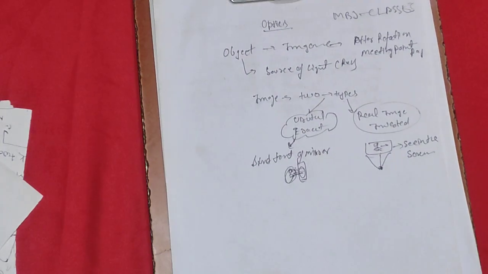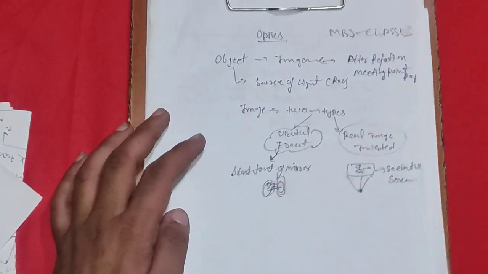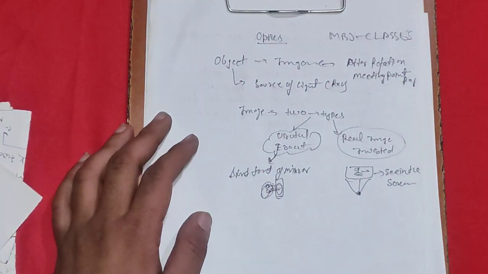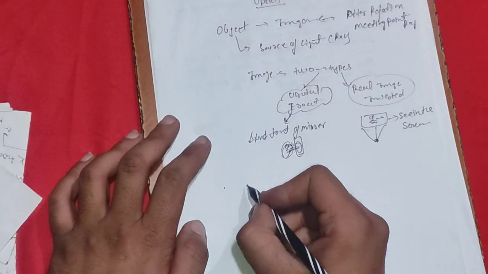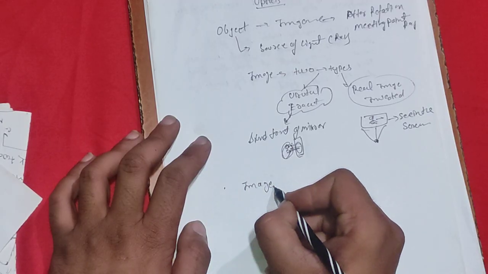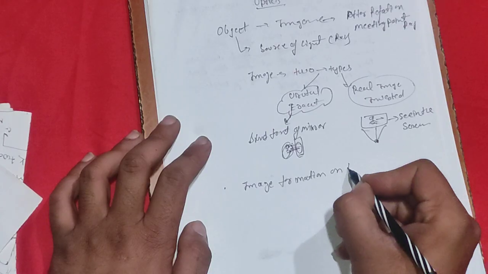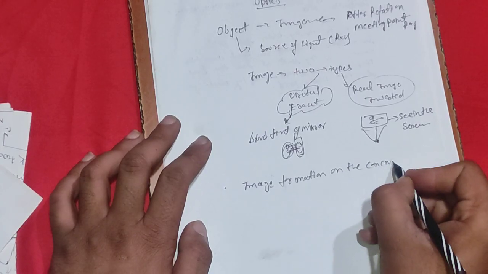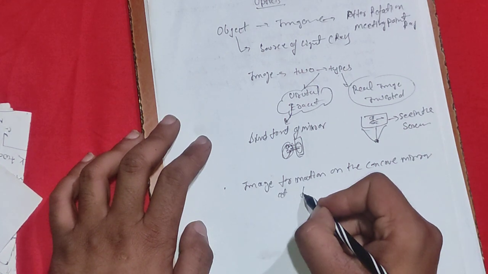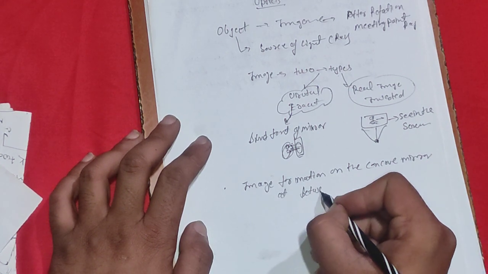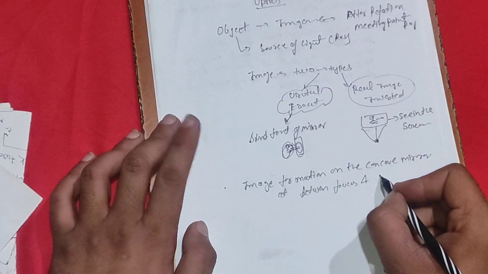So now we have already talked about what happens to the ray after coming from infinity, or at the center or the focus. It's time for understanding image formation on the concave mirror, where the object is between focus and pole.